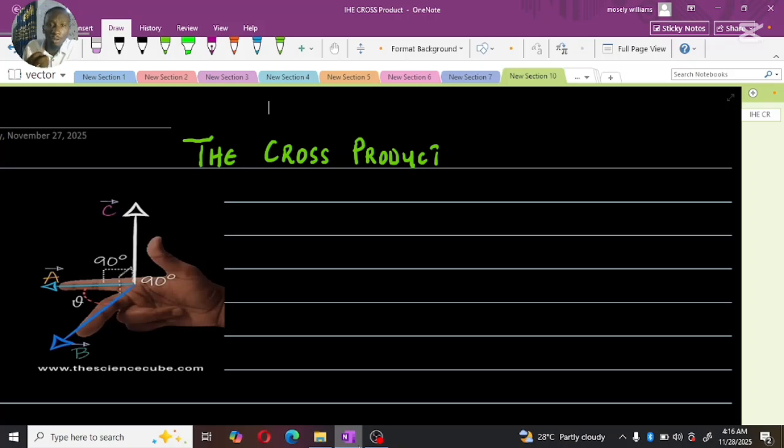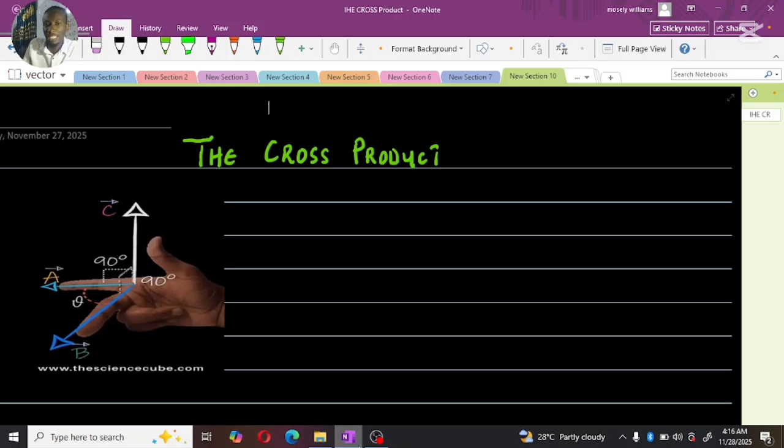But when you perform a cross product, it gives you a value that is a vector, but not just an ordinary vector. This vector is perpendicular to both of those vectors you took the cross product of. If we have a vector A and a vector B, then we perform the cross product, it is going to give us another vector, which is vector C.